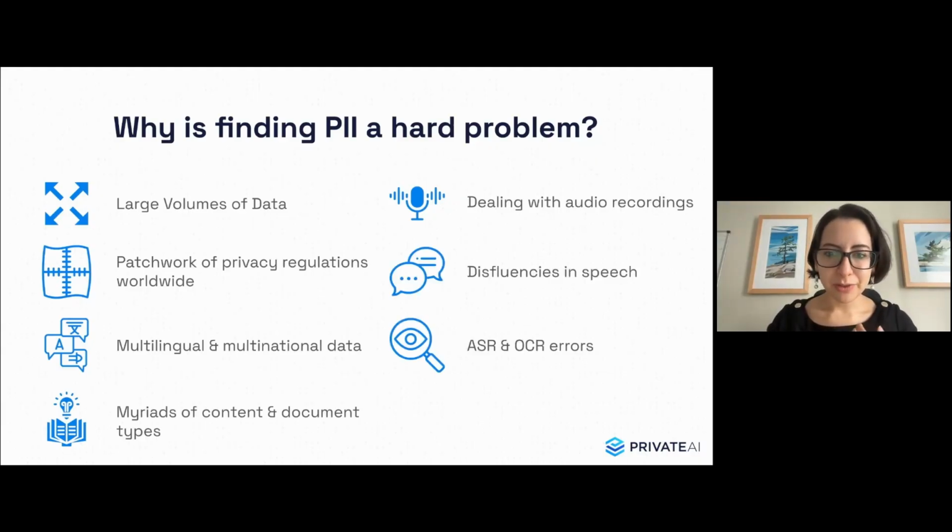You might have optical character recognition errors from translating those documents into something that's comprehensible by the computer, or you might have automatic speech recognition errors when you're doing speech to text. And so dealing with all of these parameters can get very, very tricky very quickly when you're also trying to understand all of the different types of personally identifiable information that can appear in these types of data.